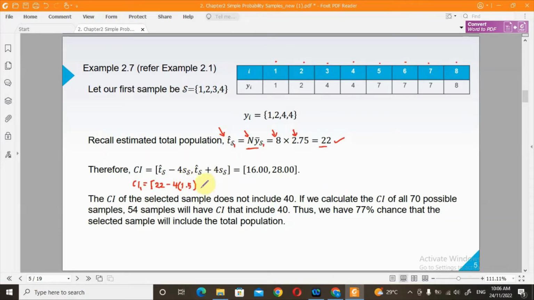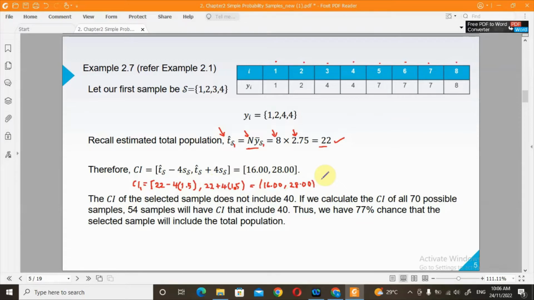That is the lower limit, and the upper limit is 22 plus 4 times 1.5. So you will get the confidence interval of 16 and 28. This is for sample number 1.